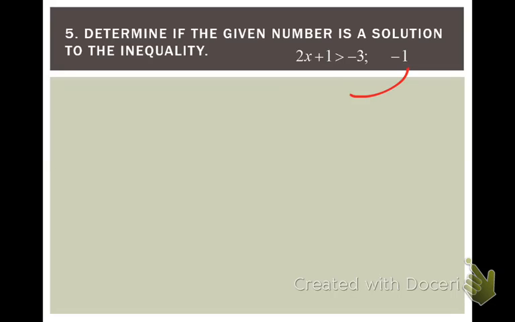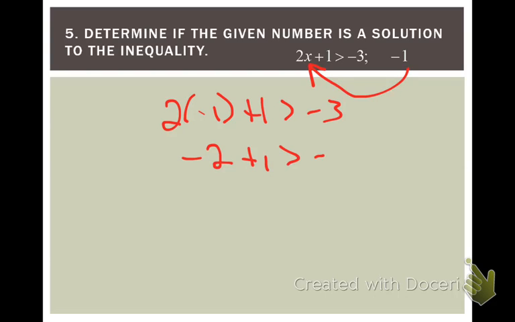We're going to literally plug in negative 1 for the x. 2 times negative 1 is negative 2. Negative 2 plus 1 is negative 1. Is negative 1 greater than negative 3? Yes, it is. Negative 1 is greater than negative 3. So this is definitely a solution. Negative 1 is definitely a solution to that inequality.